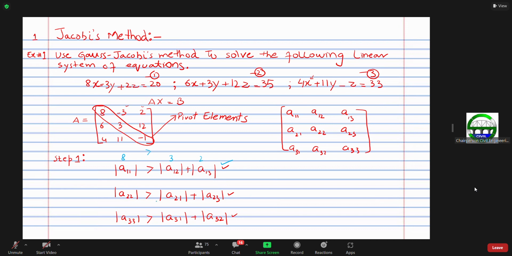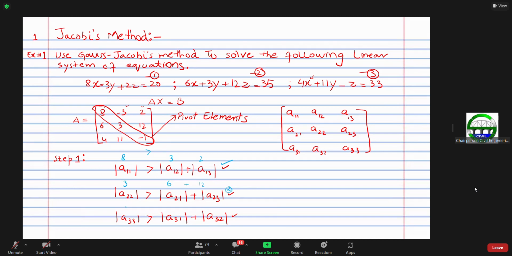But in here, this condition does not hold because A22 is 3, and A21 is 6 plus A23, 12. So this condition is not satisfied.